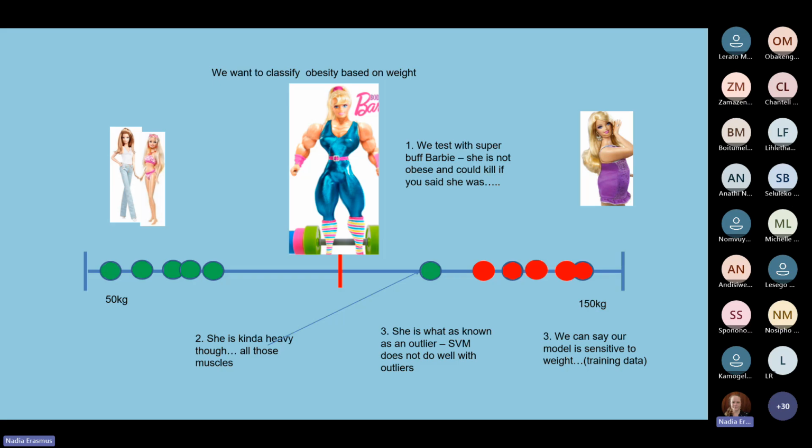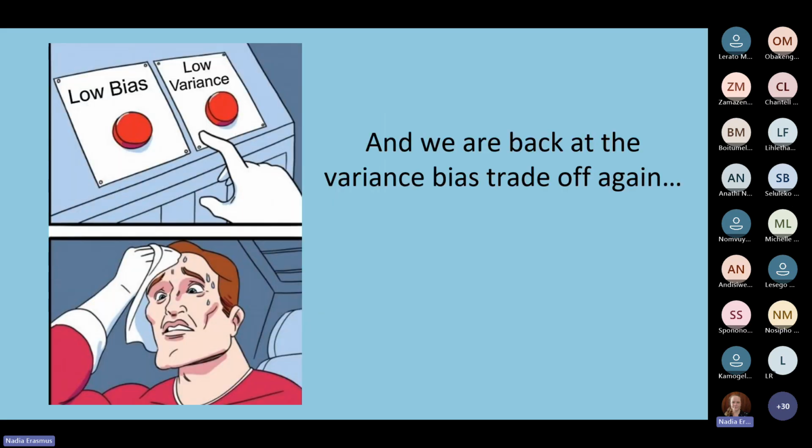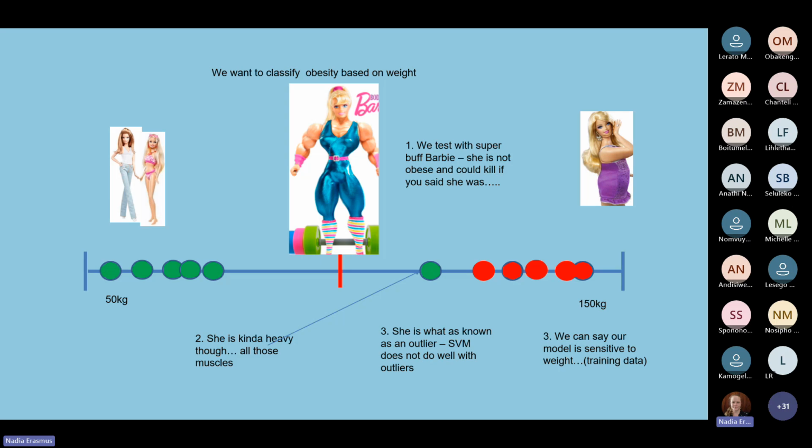So this is where we have the bias variance trade-off, and we're going to see how we're going to fix this scenario. We can say this model is trained on the weight, so the BMI is just focusing on the weight and the height, and not how healthy or unhealthy the person eats, because there are people that I see that are like 40 kilograms, 50 kilograms, and they live off of sweets.